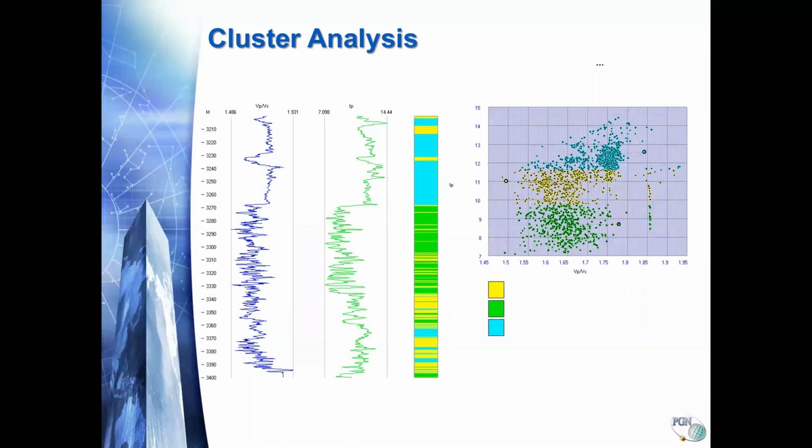In addition to making these polygons within the data, we can also cluster the data. That is a mathematical technique, and later we would see that if we increase the dimension of this cross plot, we would not be able to make the polygons. So the new modern techniques are the clustering techniques, such as the k-means clustering technique.